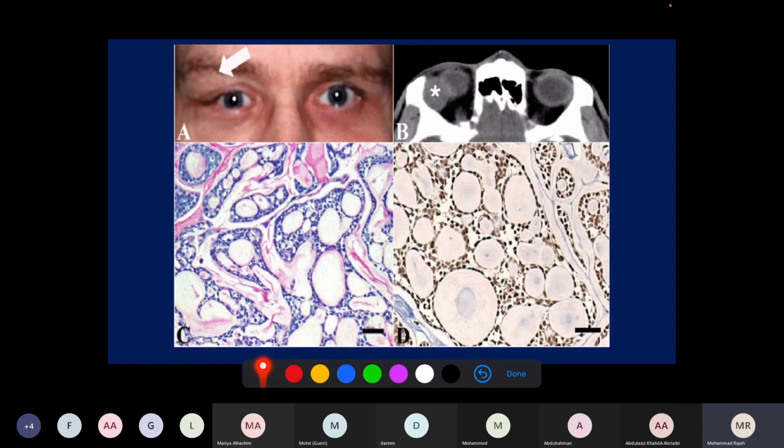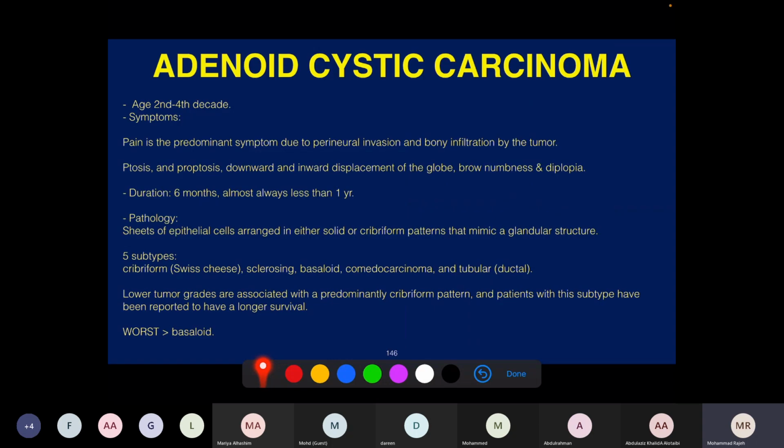Recently I noticed they like to bring pathology slides. So it's good to revise it before the exam, especially for R3 and for the board exam. Okay, so you can see this Swiss cheese pattern in adenoid cystic carcinoma. Again, the history is much faster than pleomorphic, associated with pain and destruction of bone.